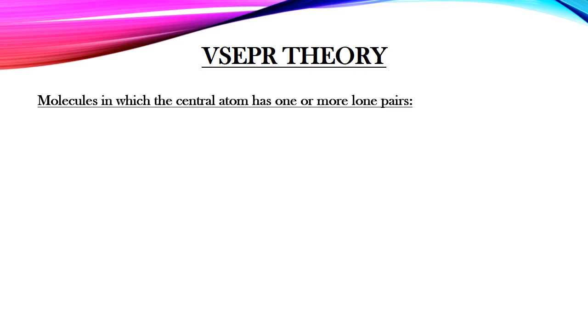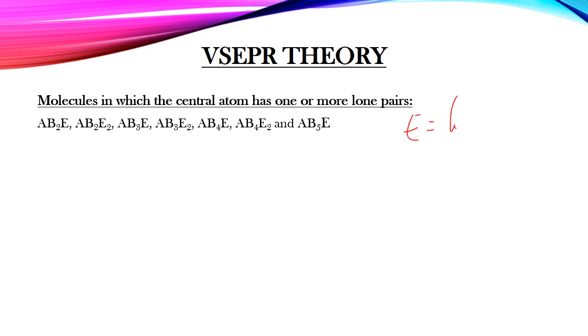So when you have one or more lone pairs on the central atom, we have so many varieties of molecules. Here E stands for lone pair. E refers to lone pair and A is our central atom.